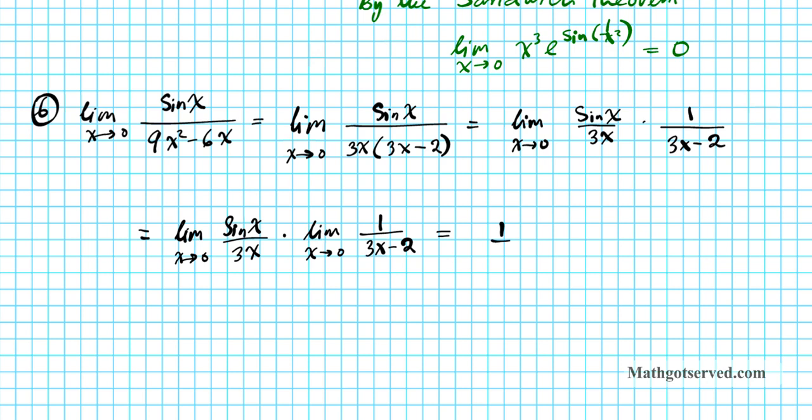So this is going to be 1 over 3 times, and for this one we just plug 0 into this expression. So it's 1 over 3 times 0 minus 2. So we have 1 over 3 times, this reduces to negative 1/2. And when we multiply it out, you get negative 1/6. Okay? So there goes your final answer.